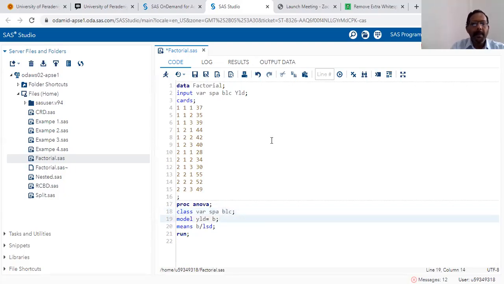Right. What is the model? According to the question that I have given, what is the design here? Factorial in RCBD. Factorial in RCBD, tell me what are the components there for the yield?